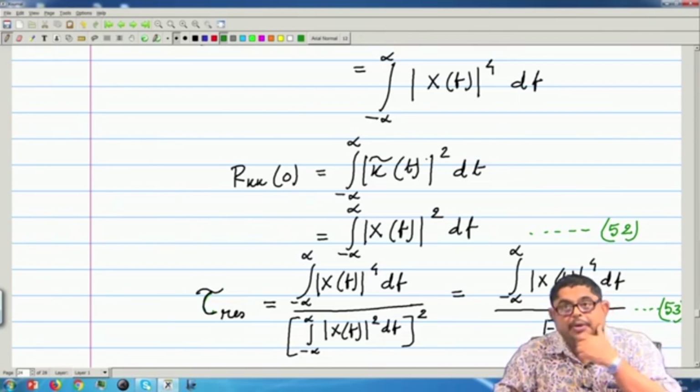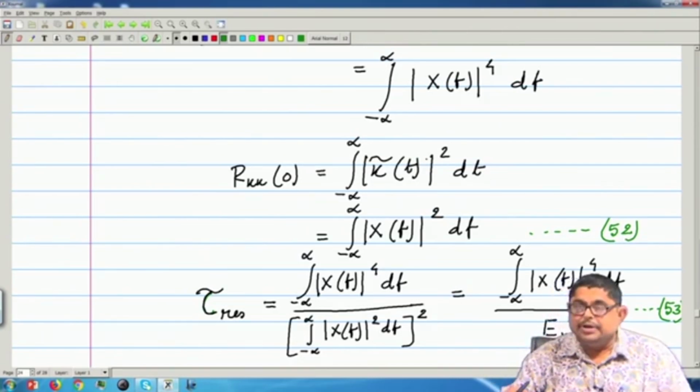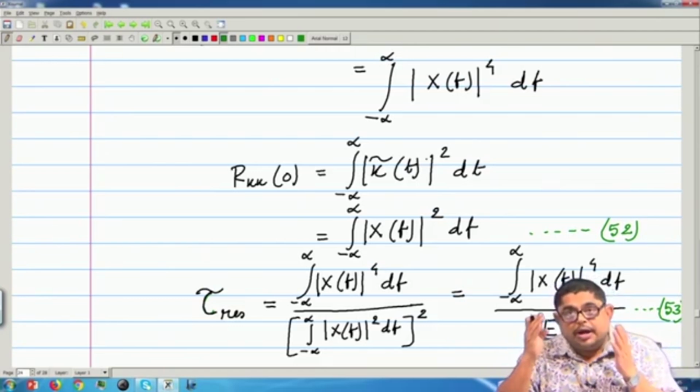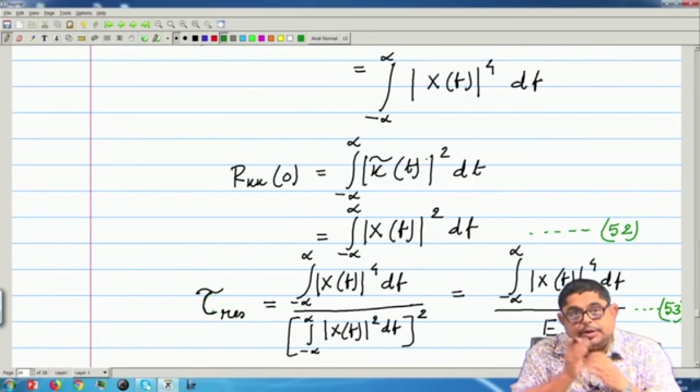Now we have got a performance metric, and we have seen how narrow, or how good, a range ambiguity function is in rolling down.